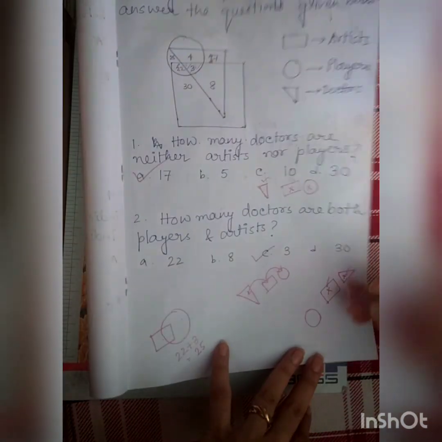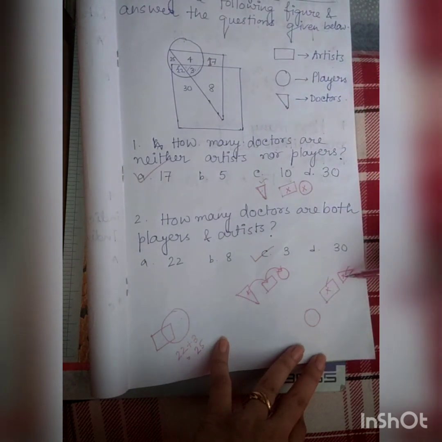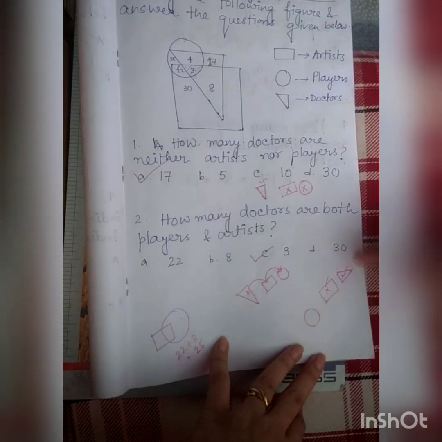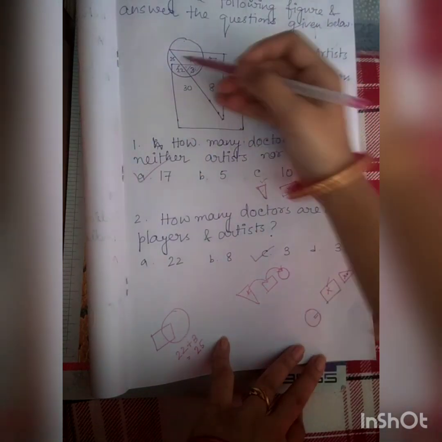So no intersecting part of square for artists, no intersecting part for doctors, which is represented by the triangle. Only the circular region number will be taken.